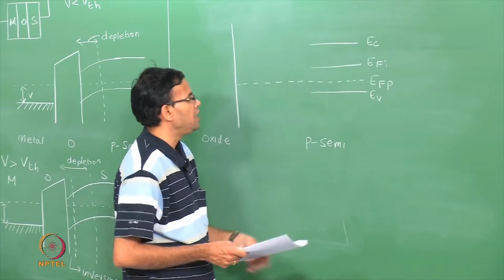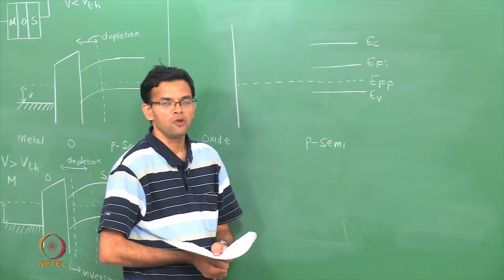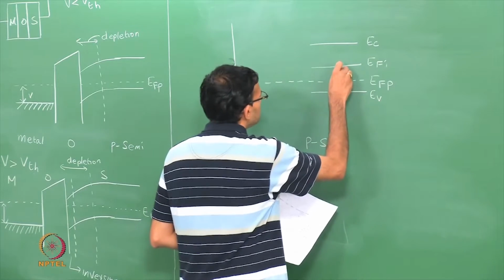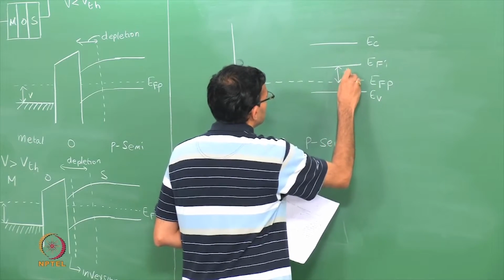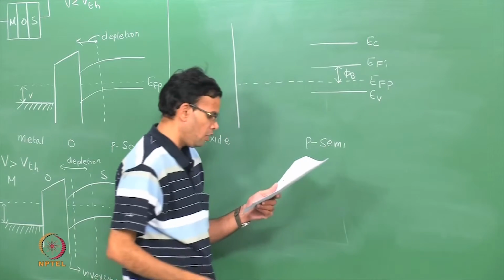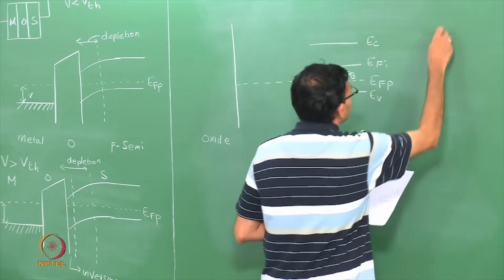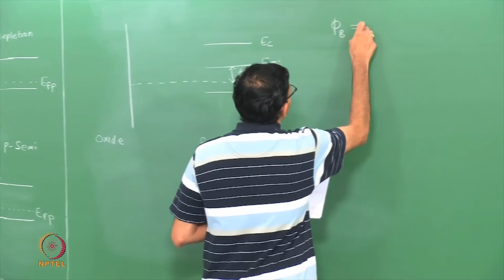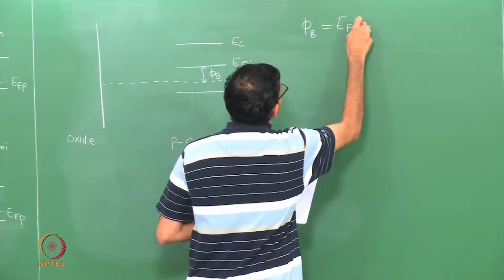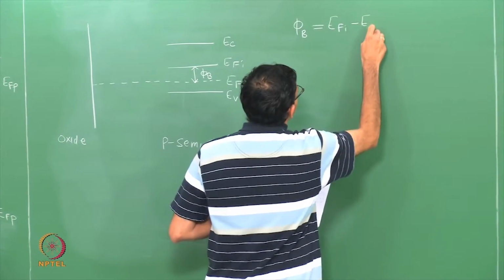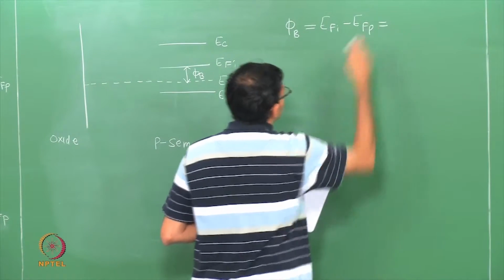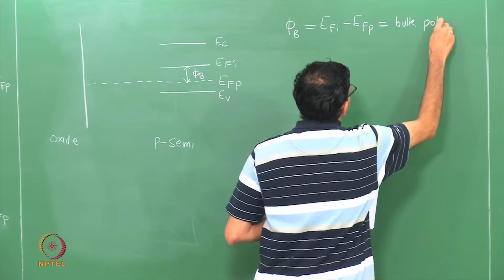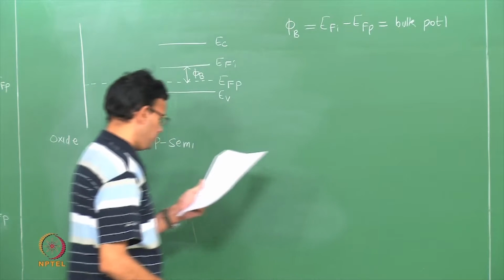The gap between EFI and EFP I am going to call phi b, which is the bulk potential. So, let me call this phi b. Phi b is nothing but EFI minus EFP, which is the bulk potential.